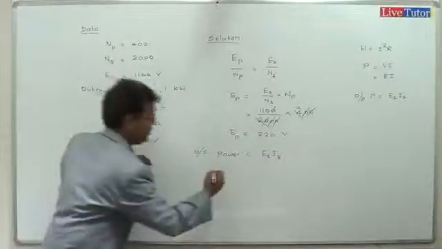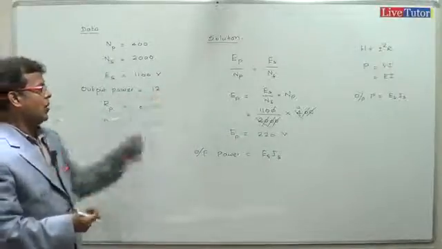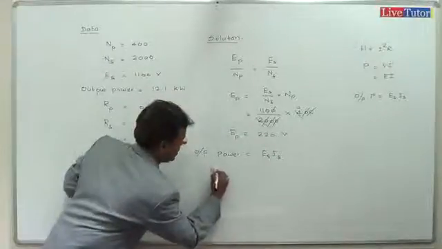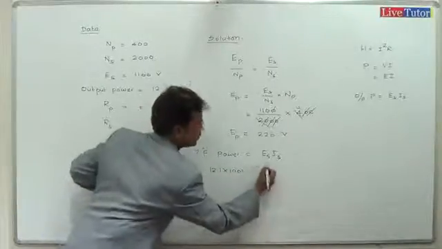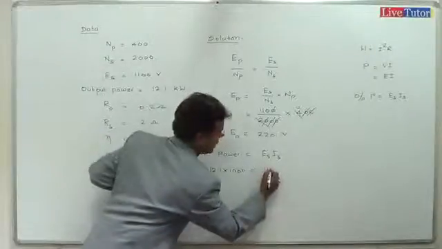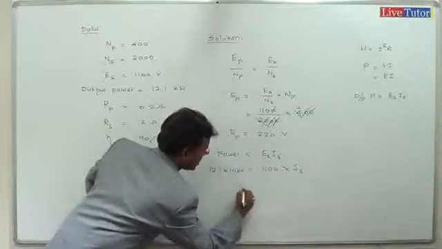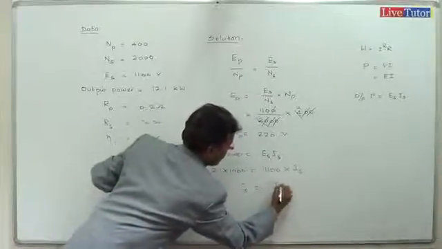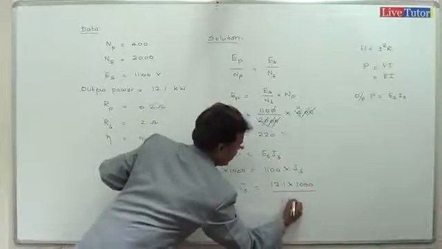Output power is already given as 12.1 kilowatts, that is 12.1 into 1000, is equal to ES, which is 1100, into IS. From this we can find IS: IS is 12.1 into 1000 all divided by 1100.